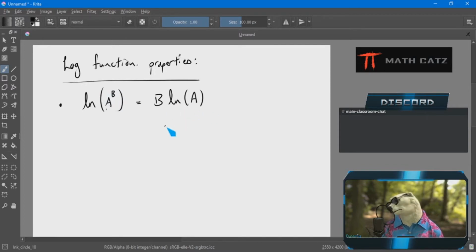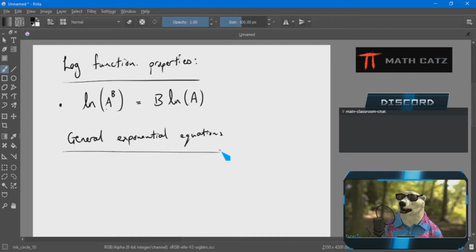And we did some examples and said that most of the time it's a quality of life thing that can make my life easier if I simplify first like this, if there's an opportunity, and then look at a simpler log expression. However, I can also use this to handle general exponential equations. Previously we have seen the basic exponential equation where I need the bases to be the same.